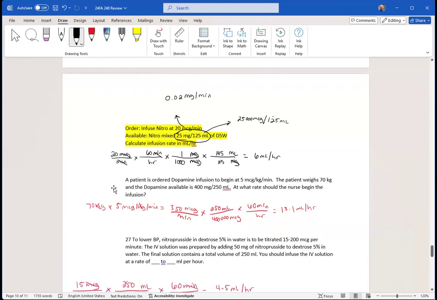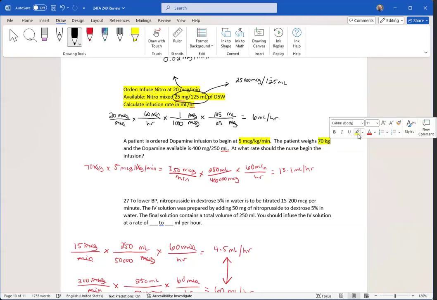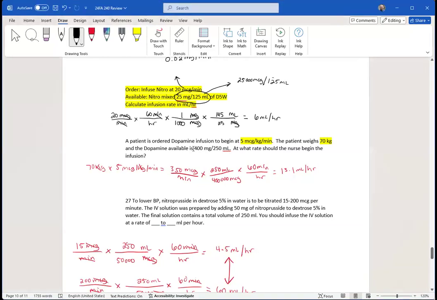One of the two-step type questions involves something like a nitro infusion, but it's a dopamine infusion. The order is 5 micrograms per kilogram per minute. We have a patient weight of 70 kilograms. And then the available is 400 over 250.